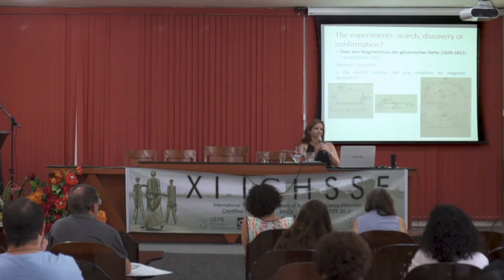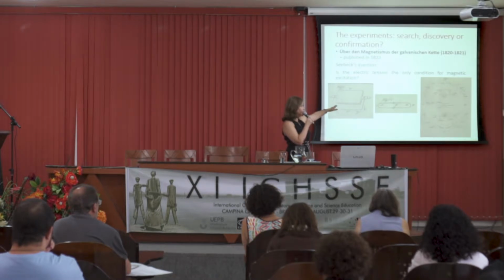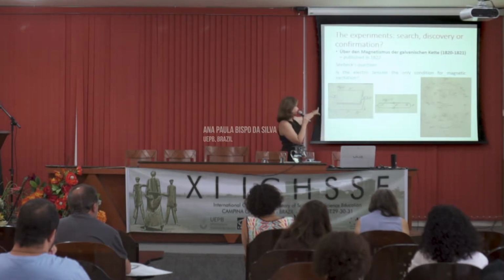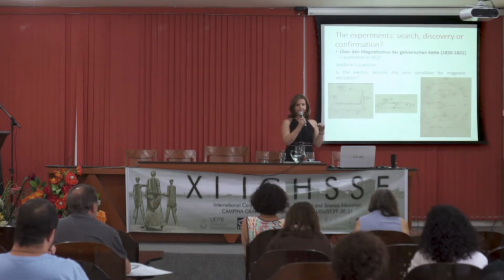So this is a simple pile, a galvanic battery. There is a disc of copper and a disc of zinc, and between them a humid paper with hydrochloric acid. And he just closed this and tried to measure the magnetic effect around this circuit.